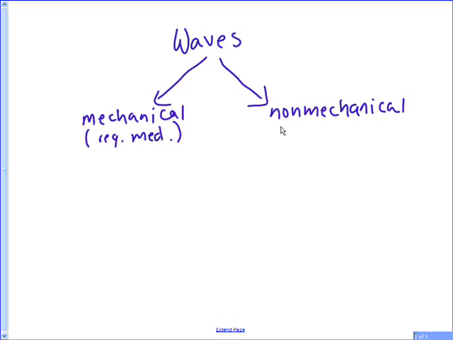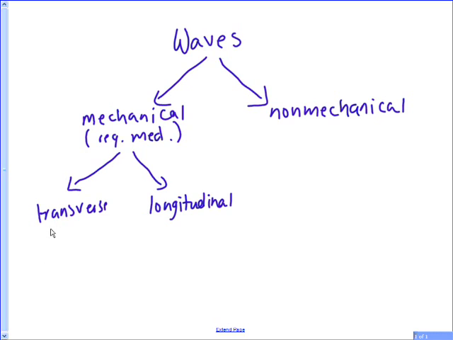Now, mechanical, to review them, we had two types. We had transverse and we had longitudinal. Examples of transverse would be surface waves.